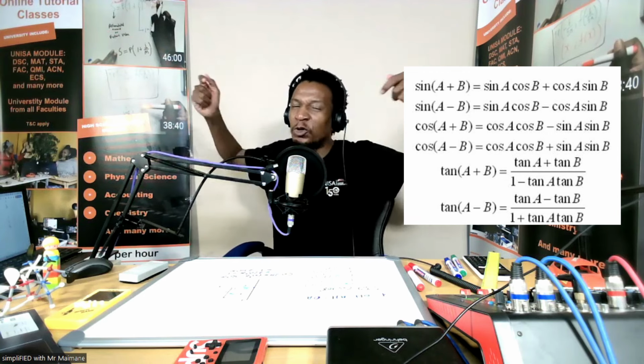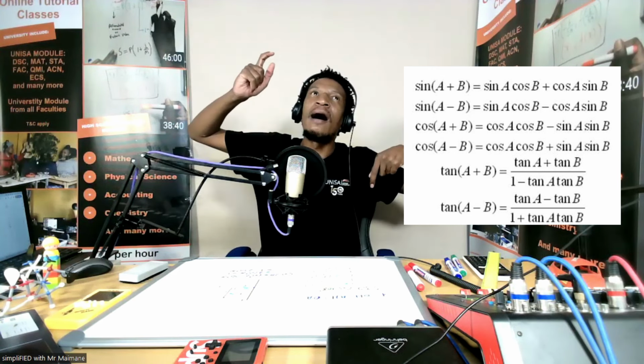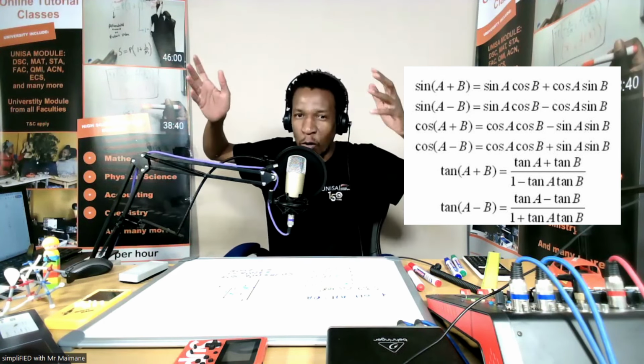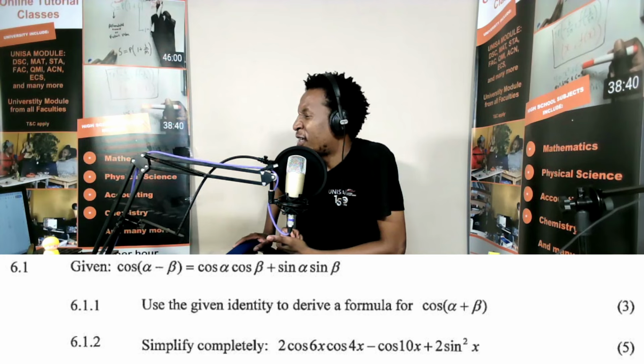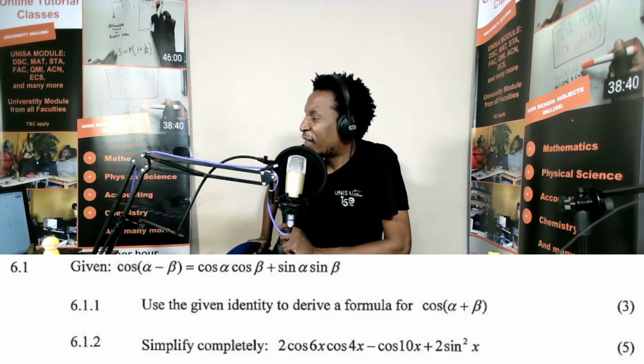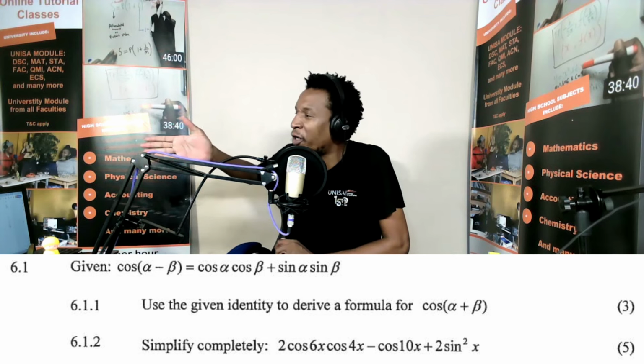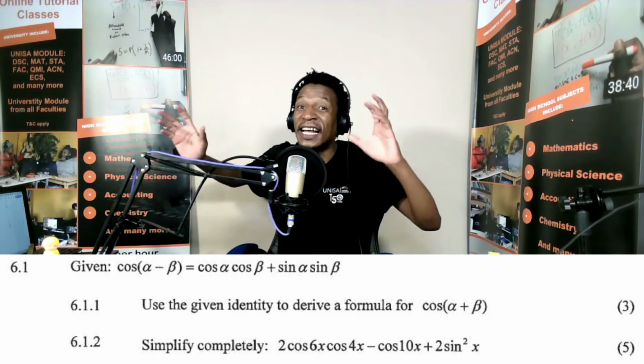So the selected question for today helps us understand the application of not double angles, but compound angles. We selected question 6. It's a very short question. It reads, given cos alpha minus beta, like that, and then it's given. That's how the formula for compound angles under cos theta is given.